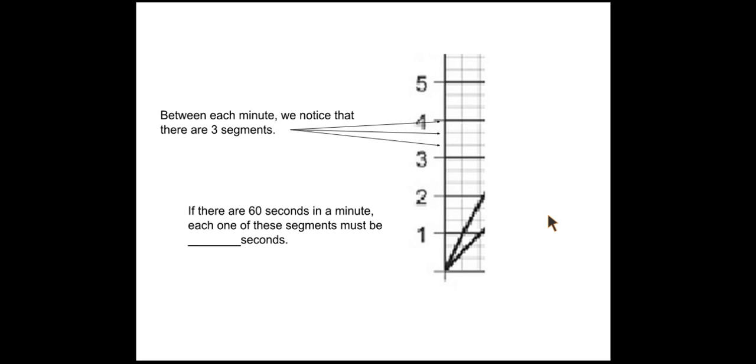So if there are 60 seconds in a minute, each one of those segments must be how many seconds? So let's think about this. From here to here is 60 seconds. So if we have 1, 2, 3 jumps, we divide 60 by 3, and we know that each segment is then 20 seconds.